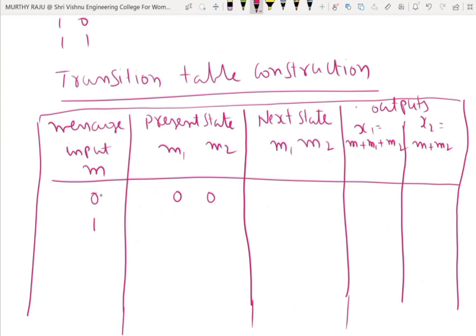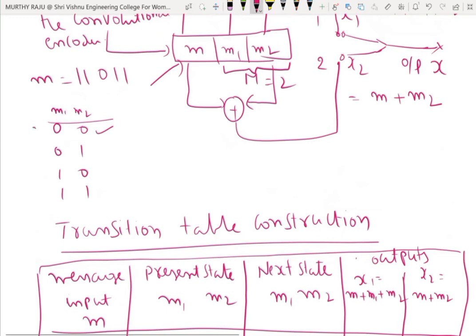Whenever the input message bit M is 0, the present state of the convolutional encoder is 0 0, represented by small a. M1 is equal to 0, M2 is equal to 0. The encoder is in the clear state. That state is represented by A. When M is equal to 1, the encoder is in the same A state.